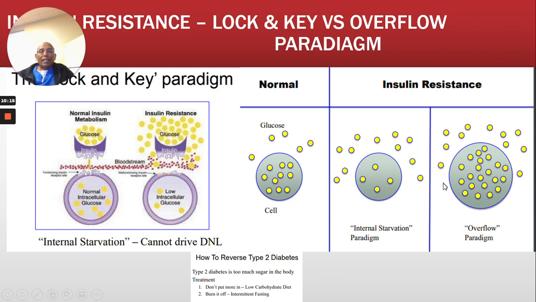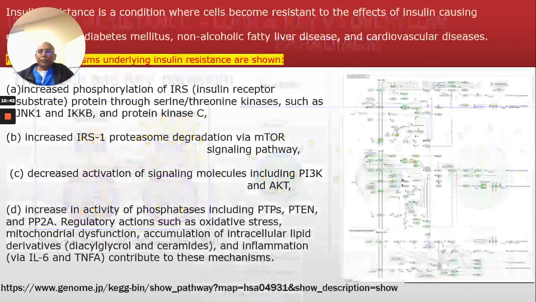So there is glucose in the cell, but that glucose converts into fatty acids, which go on to be stored in fat or other places. So the only way to reverse diabetes or obesity is not putting more energy in, using low carbohydrate diets or fasting or intermittent fasting.